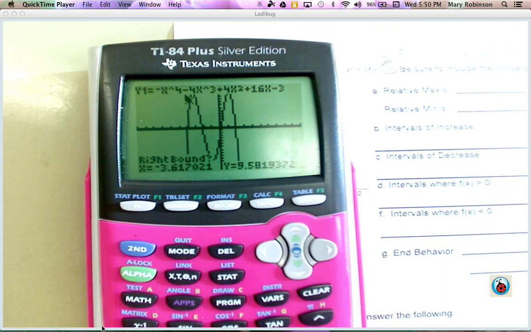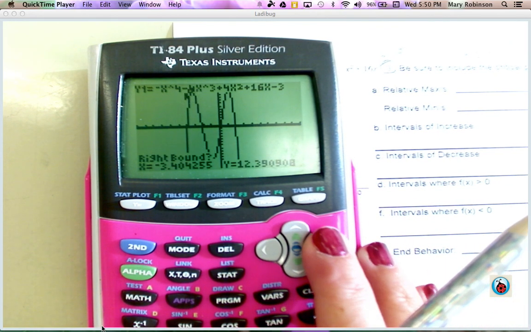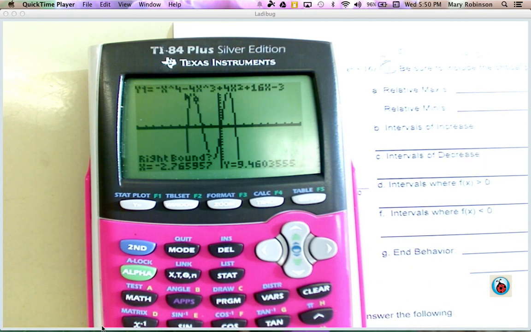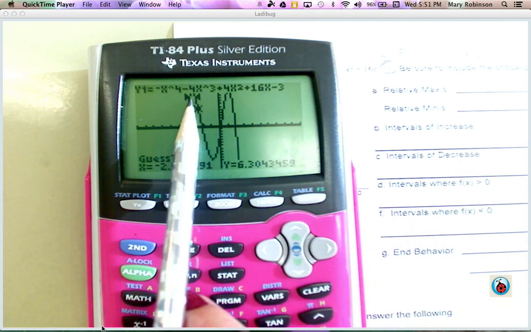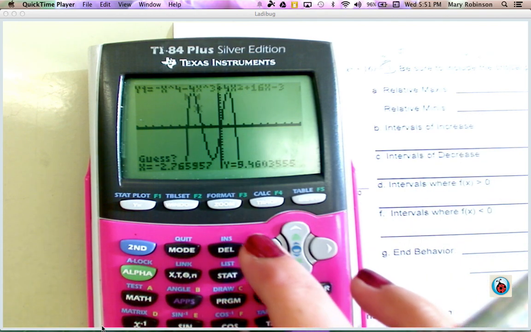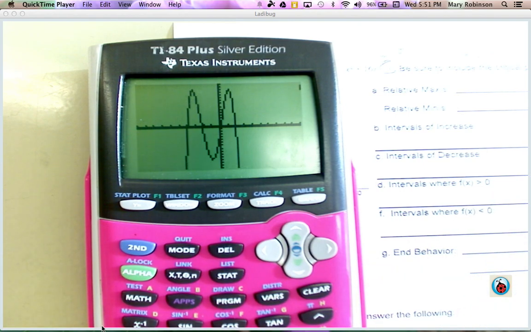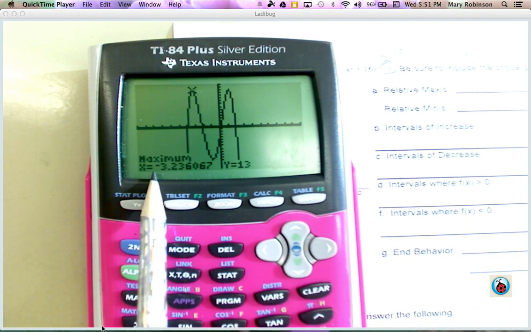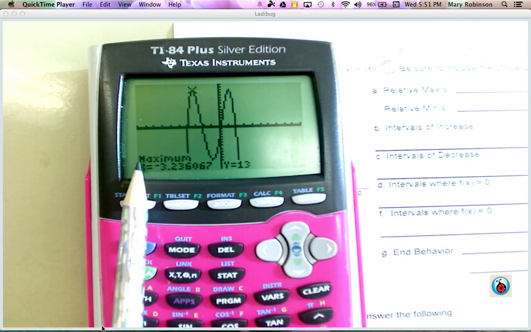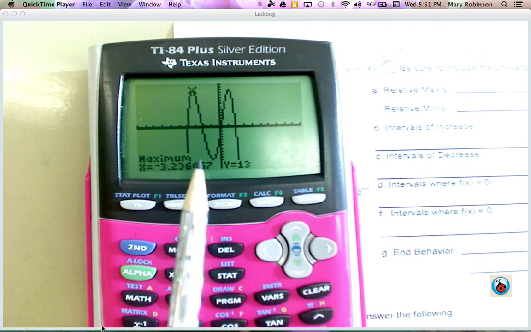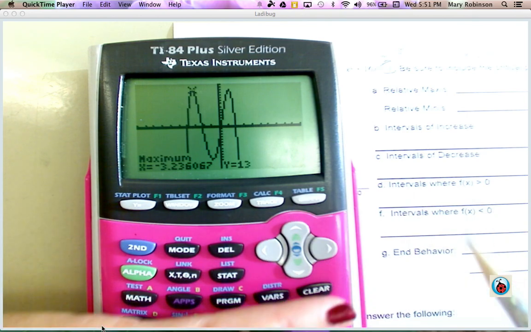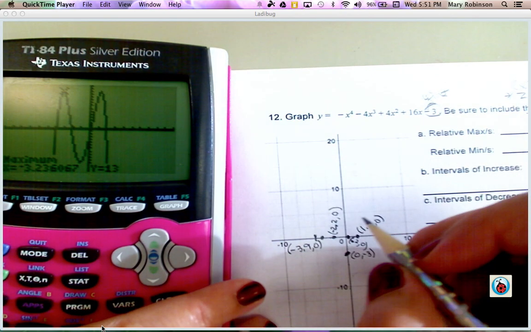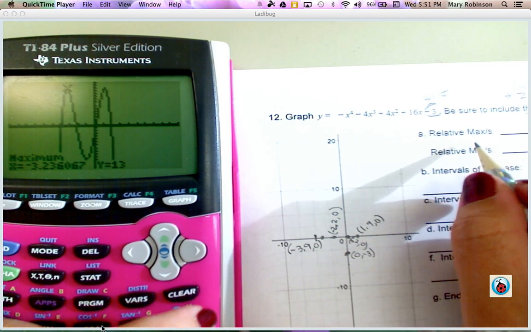So I hit enter to mark my left, move it over to the right, mark it by hitting enter again. Now you can see there's actually 2 arrows there to say, okay, we're going to find the max in between there. And now I want it to guess, so I'm going to hit enter. And there it is, -3.2. Make sure it says maximum. You are not done with the process until it says maximum. So -3.2 and 13.